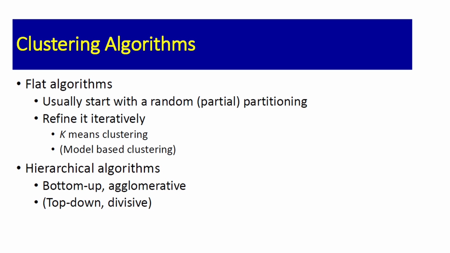In hierarchical clustering, you can have a bottom up, agglomerative approach, or a top down, divisive approach. In the agglomerative approach, you start with one data point per cluster and put them together one by one. Otherwise, you can have all the points in one cluster and divide them. This is called the top down approach.